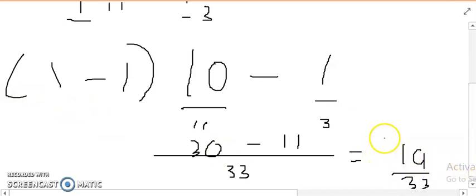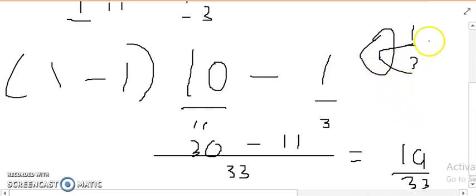Now, there's no reason, does it look normal if somebody writes this? To me, it doesn't look normal. And when you're changing it to an improper fraction, you probably will get this: 3 times 0, that's 0, plus this 1 over 3. And that's not an improper fraction.